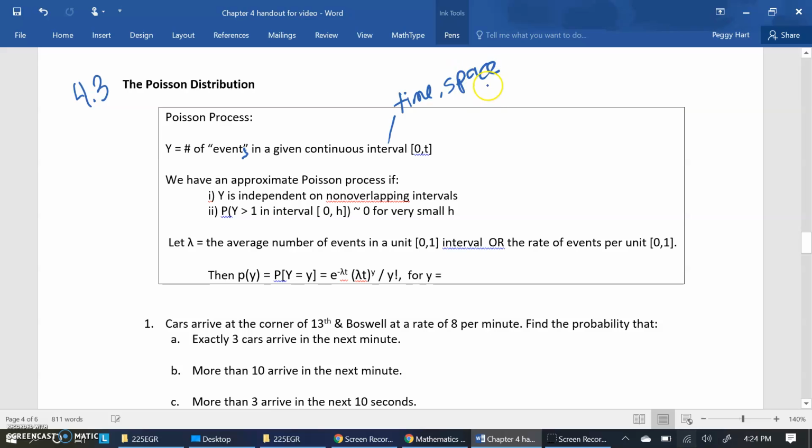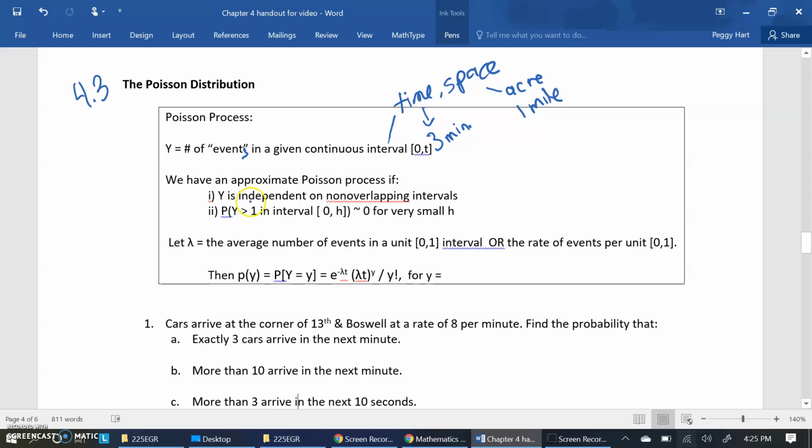So it could be like an acre of land, or in a 1 mile distance on a highway, or it could be in a 3-minute period, okay, like a time interval. All right, so what we're trying to see is like the number of times something happens in a given amount of time or space, okay?